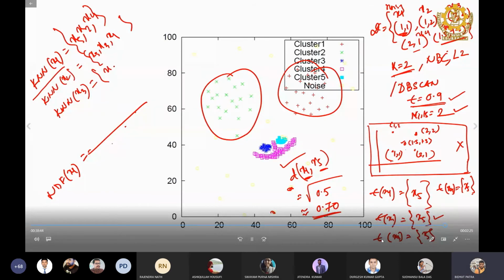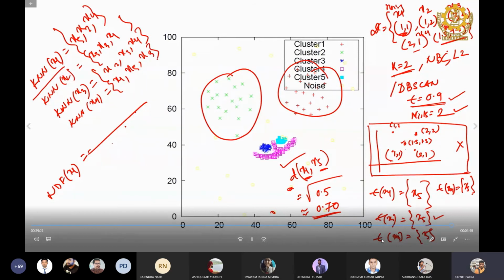Then the KNN of x4. x4 is which point? 2, 1. So it will be 1, 1, which is x1, x5, and 2, 2, x3.